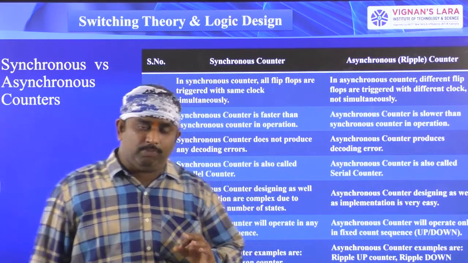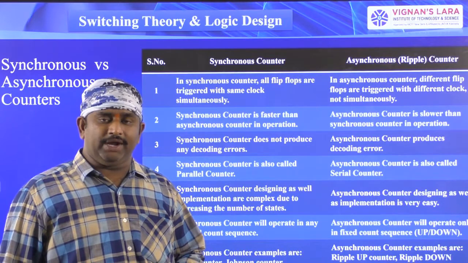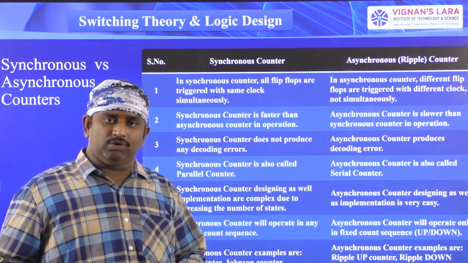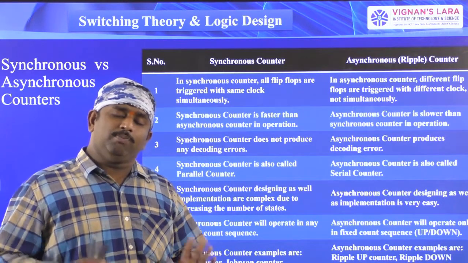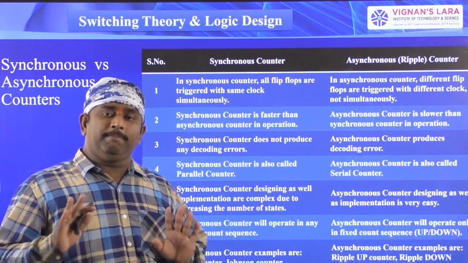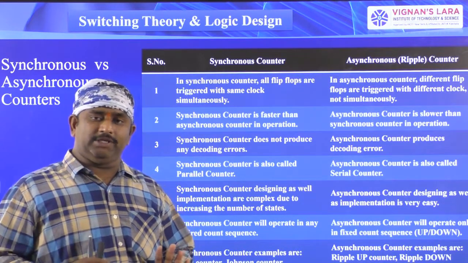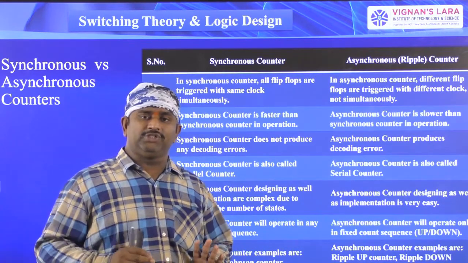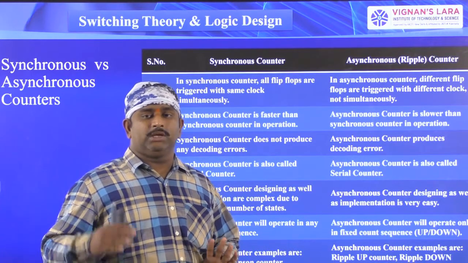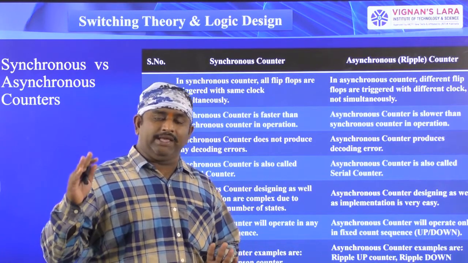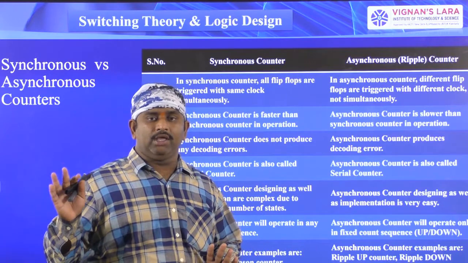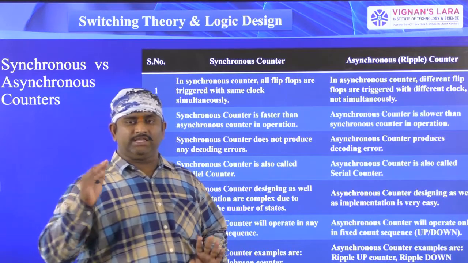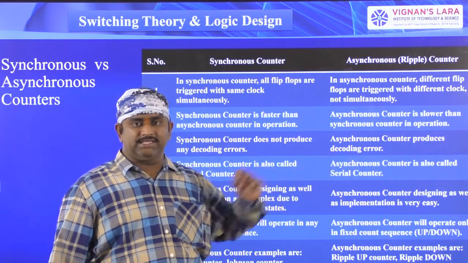So both counters are very, very important. Don't say that synchronous counters are good. Don't say that asynchronous counters are good. Both are good, but it is based on the field of operation, that is, based on the field of operation at the industry point. Somewhere they require only an ascending counter or descending counter. At that time they want to keep the cost very low, so they will use the asynchronous counter.